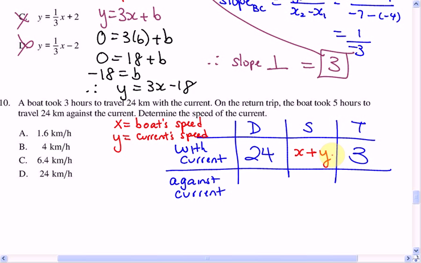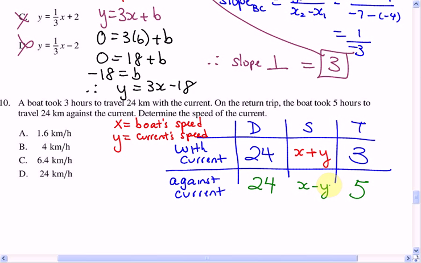Going against the current, we've got the same distance. Time took a little bit longer. And remember, when you're going against the current, something's pushing against you, so your speed should be less. So therefore, let's subtract.